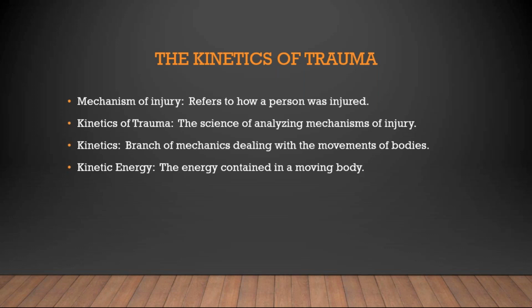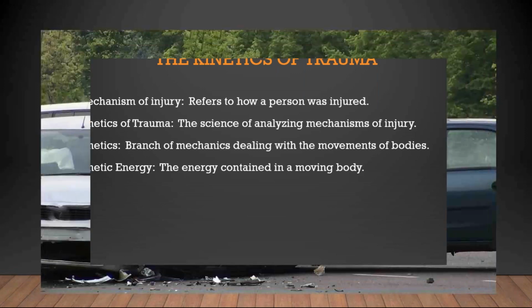That person is going to continue traveling at 70 miles an hour until they collide with the end of that seatbelt. And then think of the organs as well, because those are still traveling at 70 miles per hour until they actually hit the front portion of that patient's body.